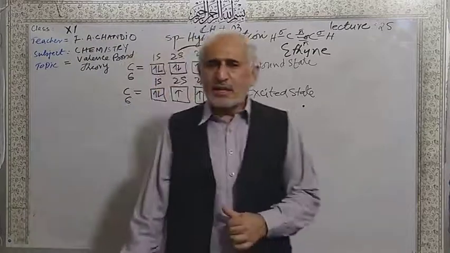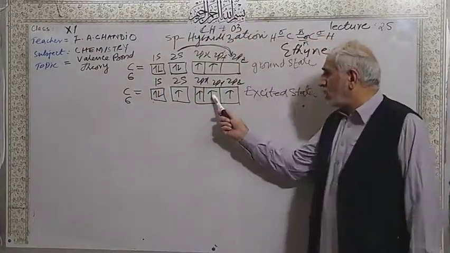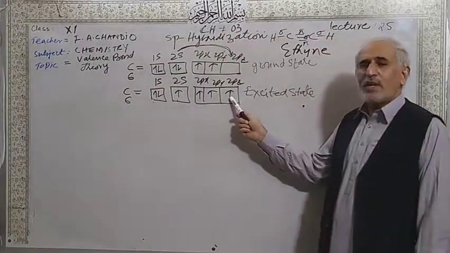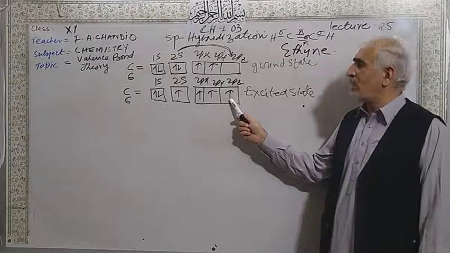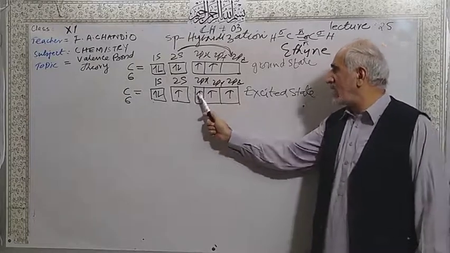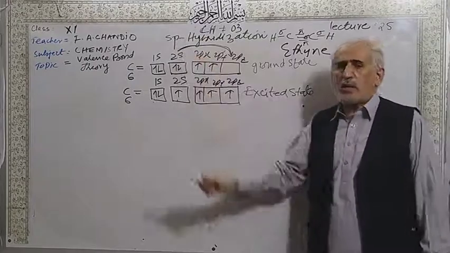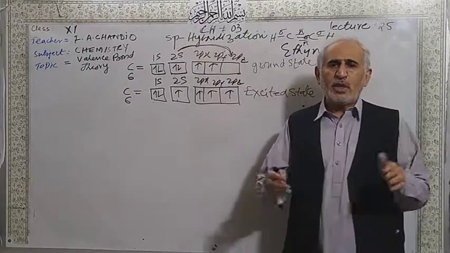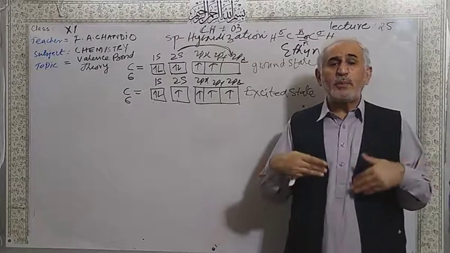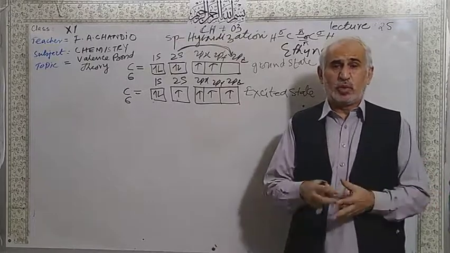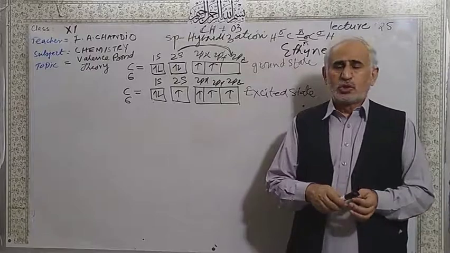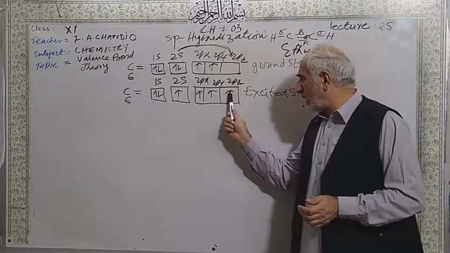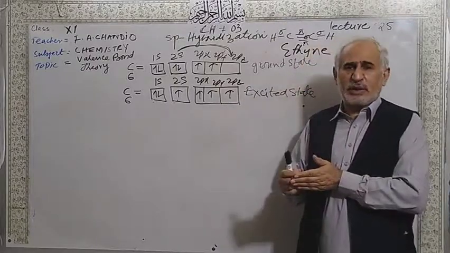So students, there are 2 pi bonds, that's why 2py and 2pz will not participate in the hybridization approach. Only s and p, because we are talking about sp hybridization. Pi bond does not form in the process of hybridization.